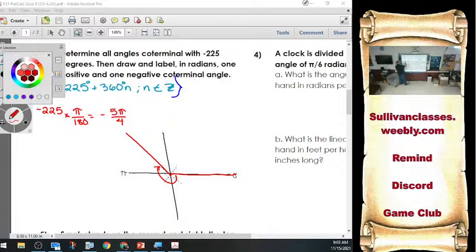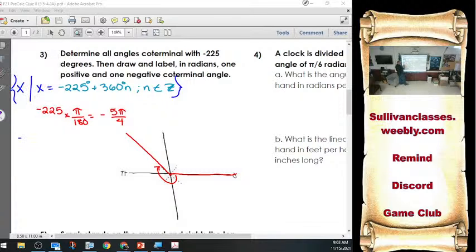Then, positive coterminal angle. I'll take negative 5 pi over 4 plus 2 pi, which is 8 pi over 4, getting 3 pi over 4.